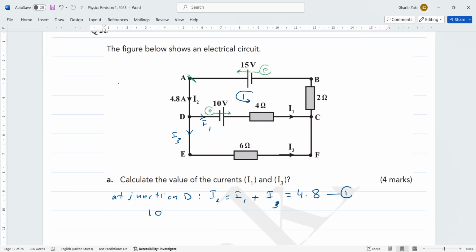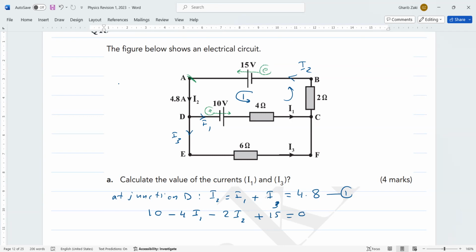Okay. The current is I1 and the resistor is 4. So negative 4 I1. And here, this is the direction of the loop, this is I2. So we write negative 2 I2 plus 15 equals 0.